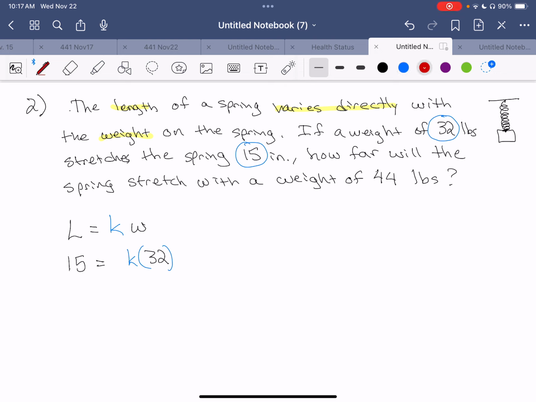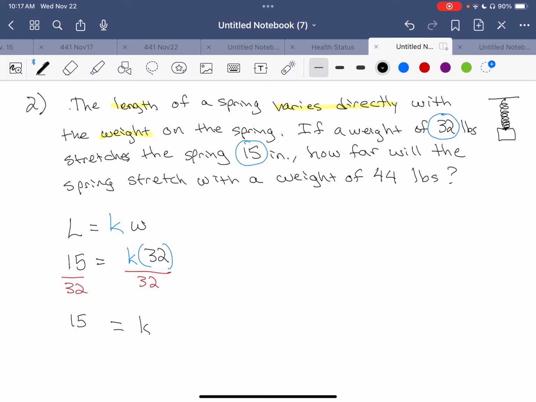To solve for this, divide both sides by 32. And K equals 15 over 32. As a decimal that is 0.46875, I think I'll leave it as a fraction. So you do not want to round K off in this scenario. Leave it as an exact answer.